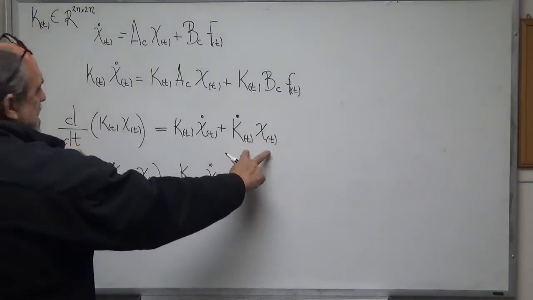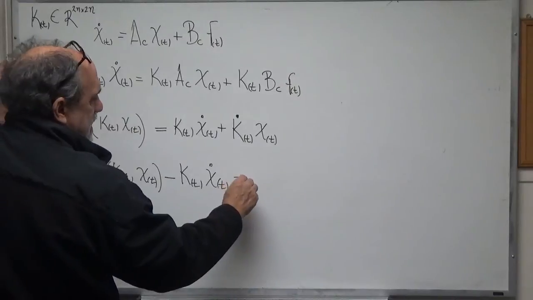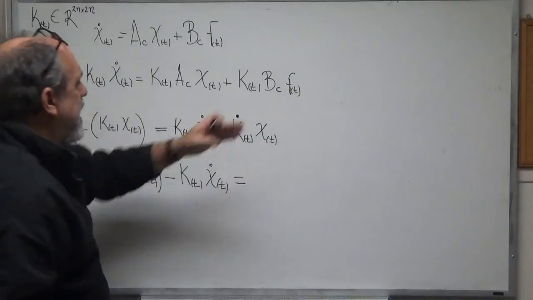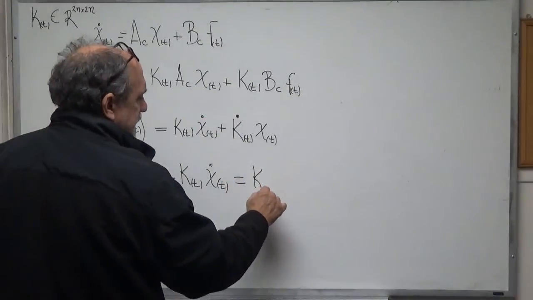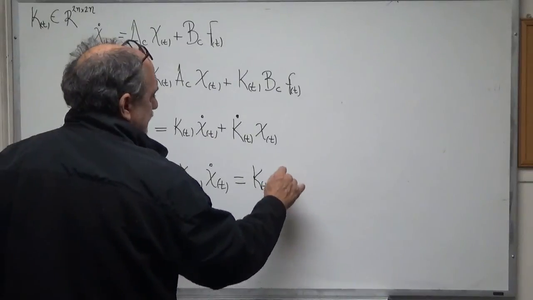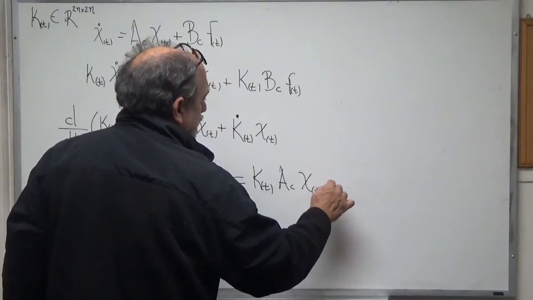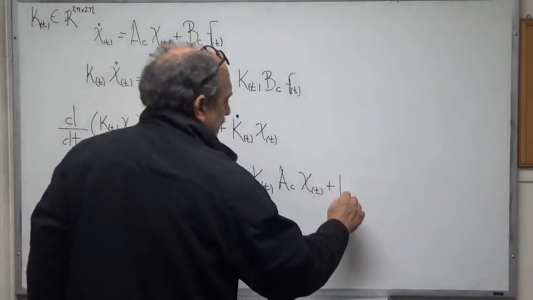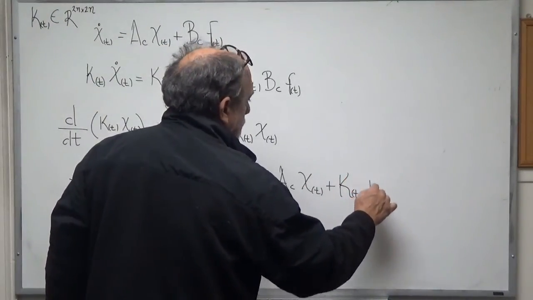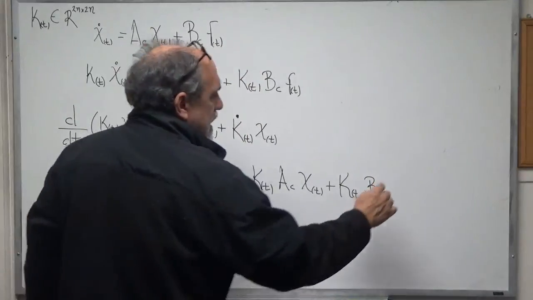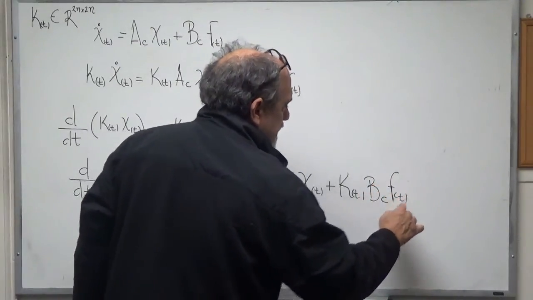This minus this is this, and that was that. So that's equal to the right hand side, which is K of t times AC times X of t plus K as a function of time times BC times F of t, right?